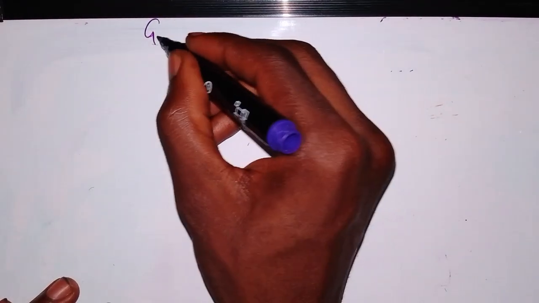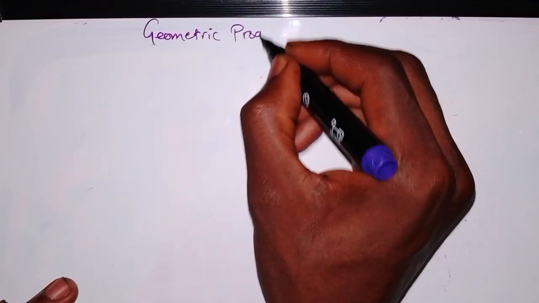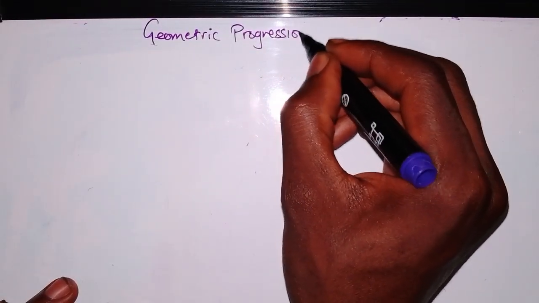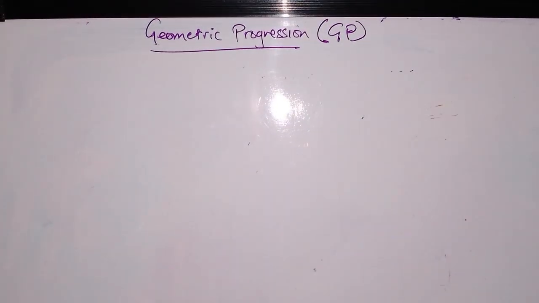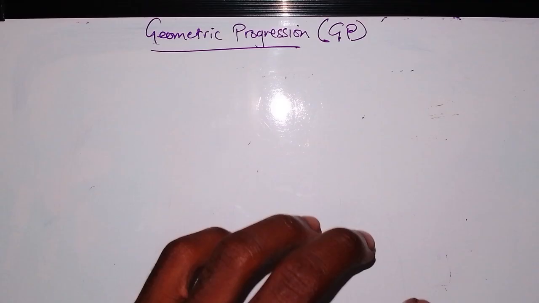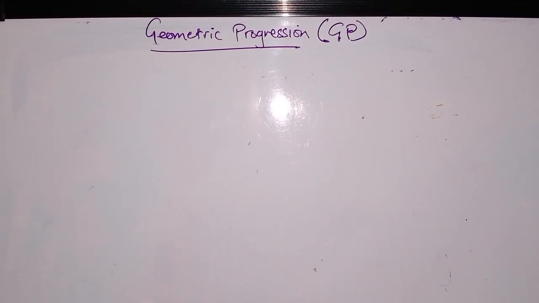So we are looking at geometric progression, also known as GP. This is a type of sequence of numbers where you multiply by the same number each time.